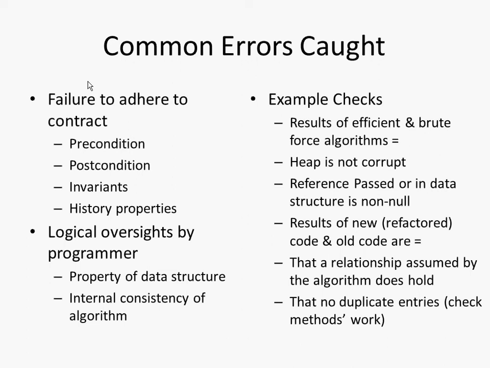Another thing is you check if a reference passed is null, for example. Here, you have refactoring of code. You take code that was ugly, and you're going to improve it, and we'll be seeing some of that likely in assignment 3. You have crufty code, and you're going to improve the quality of that code. Well, look, you have both code bases assert that the old code gives the same results as the new code until you're ready to jettison that old code file.